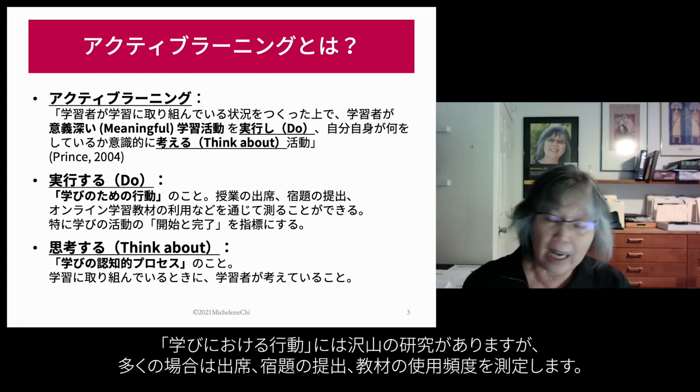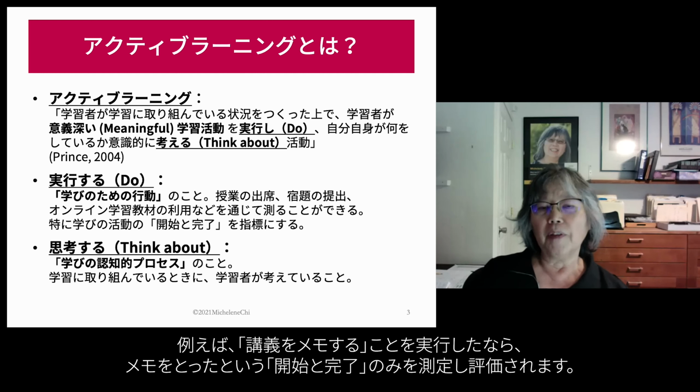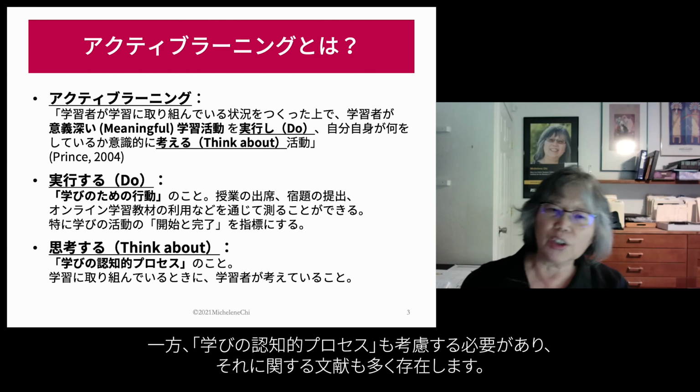There's a lot of literature on behavioral engagement, and they usually measure the frequency of attending class, turning in homework, accessing course materials in current online environments. So these kinds of measures refer to behavioral engagement. If you take note of those examples, these indices actually measure the initiation or the completion of doing, but not the ongoing behavior of doing. So behavioral engagement measures initiation or completion.